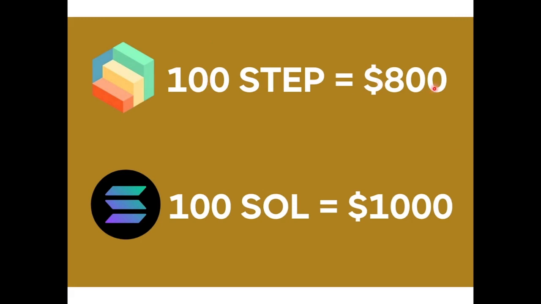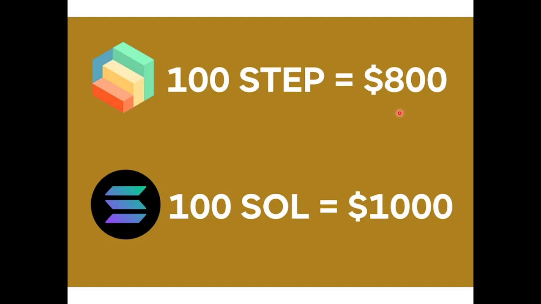When this occurs, you will notice that the liquidity pool is no longer balanced. We don't have the same value of step tokens and Solana tokens in the liquidity pool. Rather, the value of Solana tokens is higher than the value of step tokens.